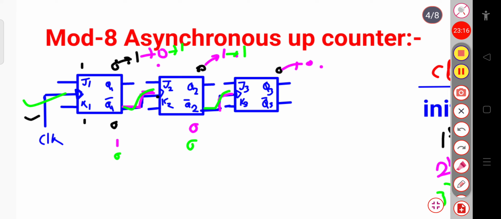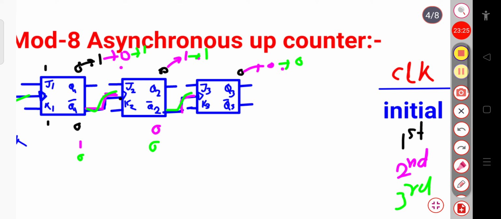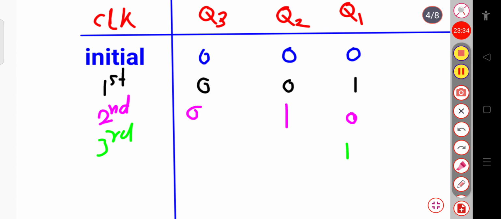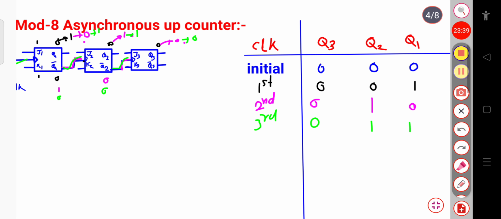Since it is in the off condition, this value will be carried forward, so it goes to 0. So what we get is Q1 value is 1, Q2 value is 1, Q3 is 0. So let me write that, 1, 1, and here Q3 value is 0.